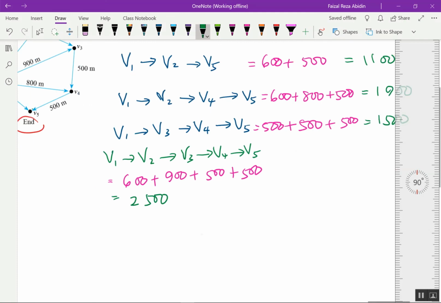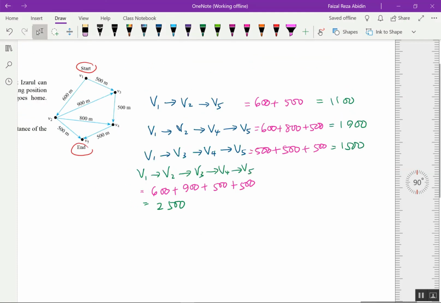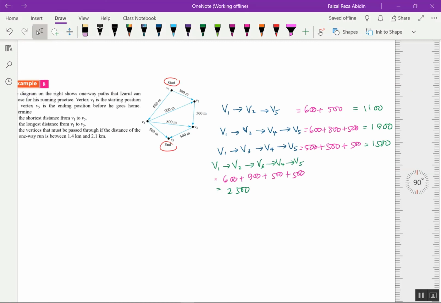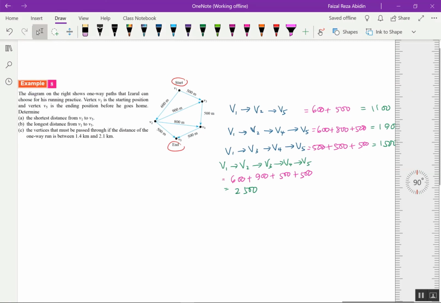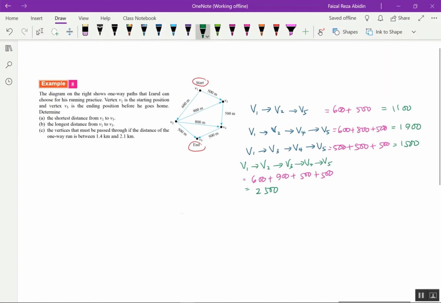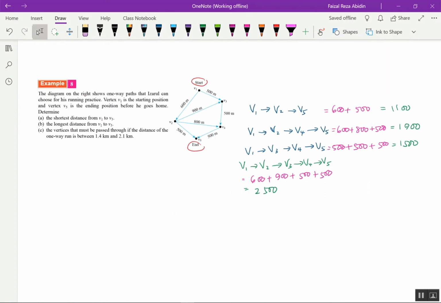Now I'm going to look at the question. Determine the shortest distance from V1 to V5. If you look closely, which one is the shortest distance?